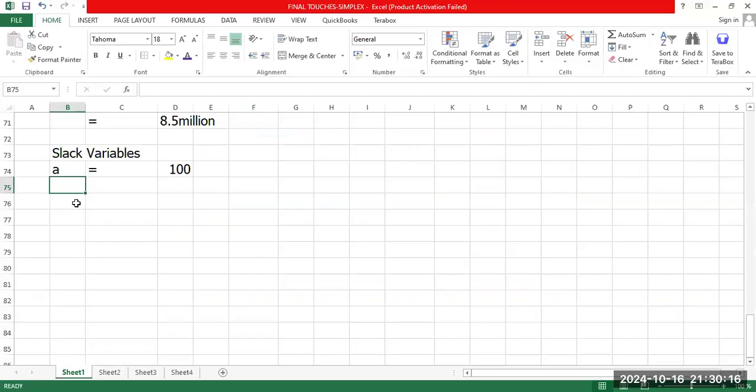So B is 0, C is 0. But the implication or the meaning of this is that what was available was actually fully utilized. You don't have the redundant resource.